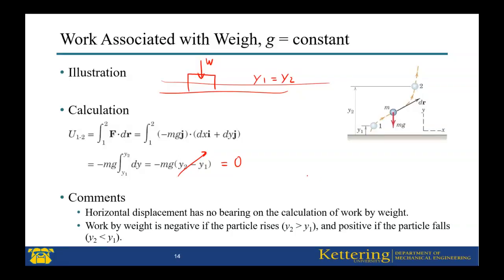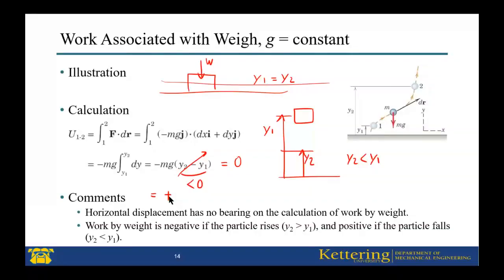However, if released from some height to another one, this will be y1, this will be y2, and y2 is less than y1. This will be negative. Negative multiplied by negative is positive.